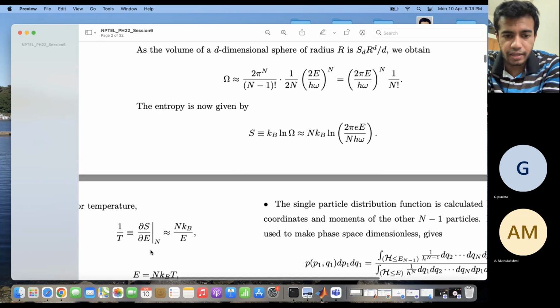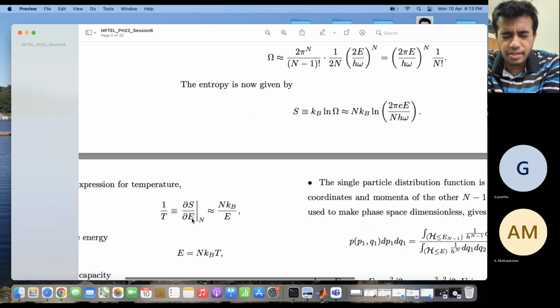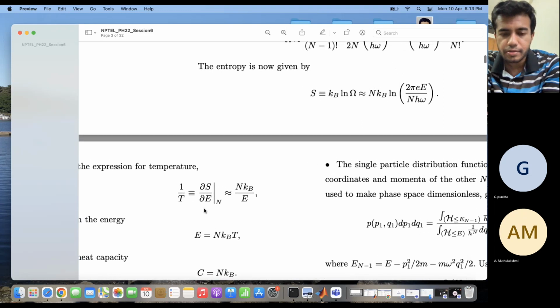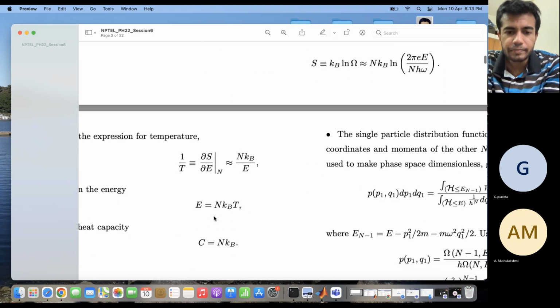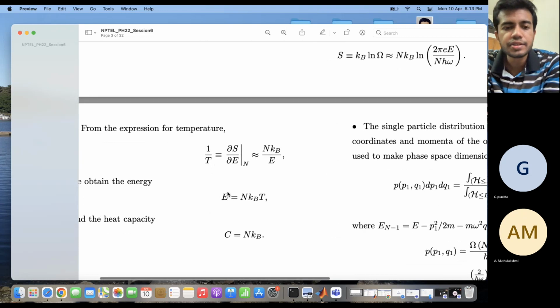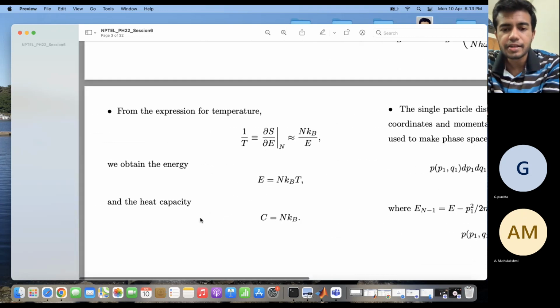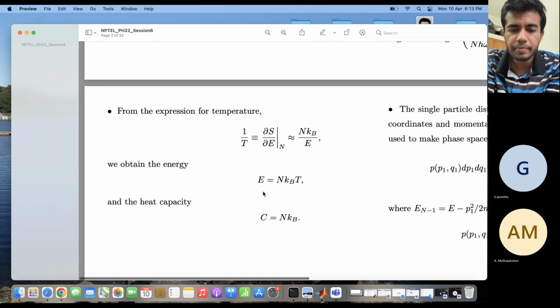If I do del S by del E, then 1 by T is equal to N k_B by E. All right, so E is equal to N k_B T. So this is the expression for the internal energy, and therefore the heat capacity, which is C, is basically dE by dT. That's why it is equal to N k_B.